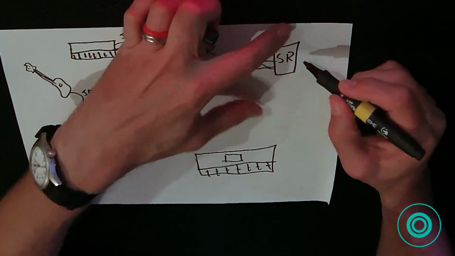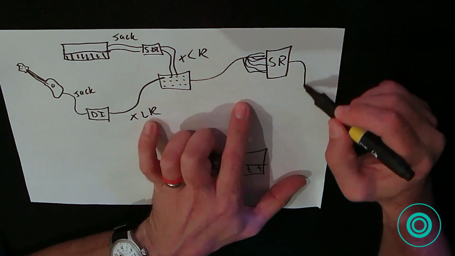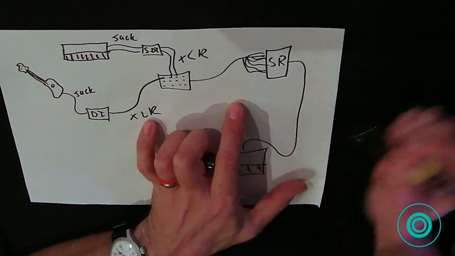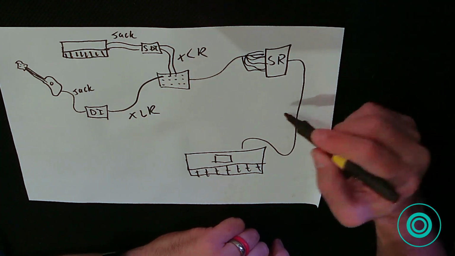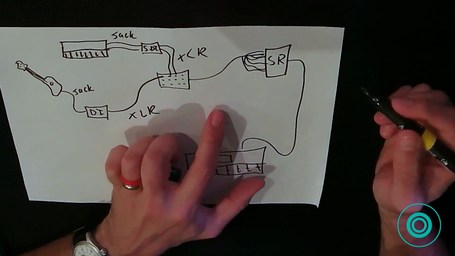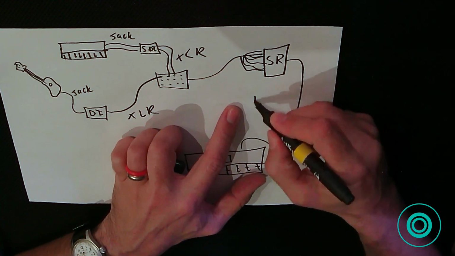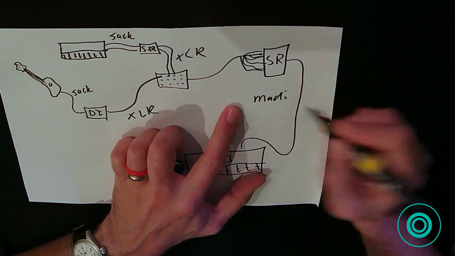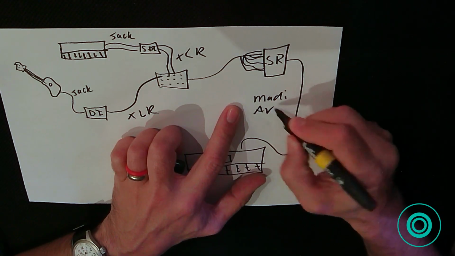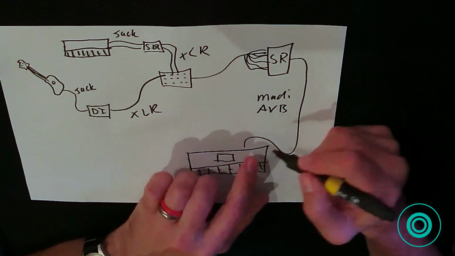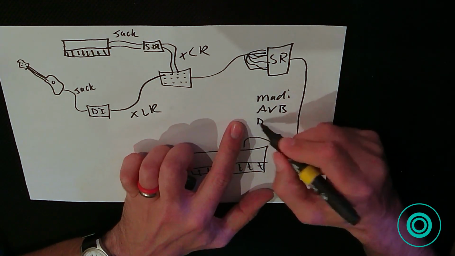And now we've got a digital connection from here to there. This connection here can be different formats. It can be MADI. It can be AVB. It can be Dante.